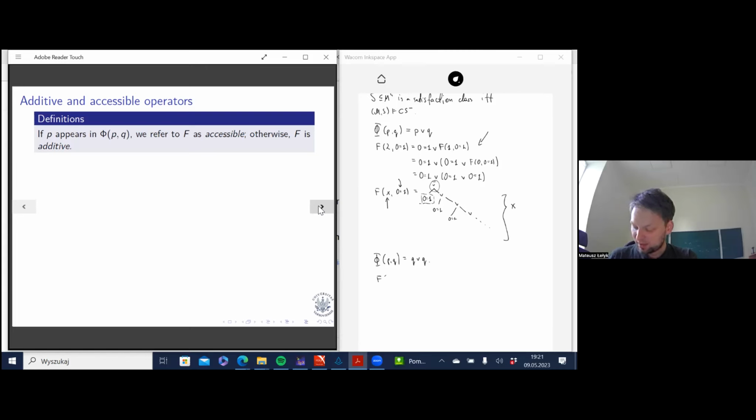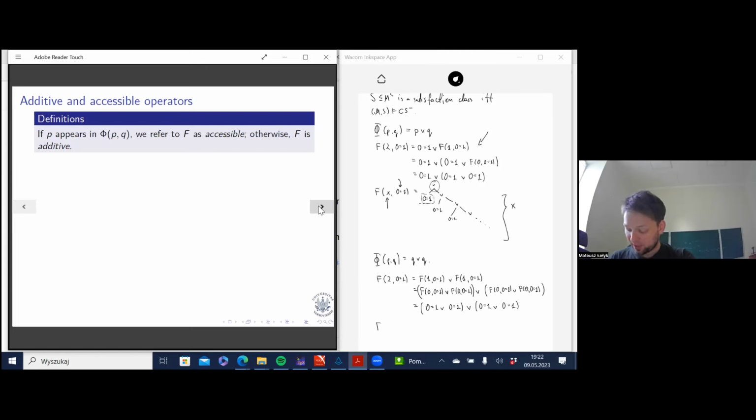In this case, f of 2, 0 equals 1 is f of 1, 0 equals 1, or f of 1, 0 equals 1, which is the same as f of 0, 0 equals 1, or f of 0, 0 equals 1, or the same in the right disjunct, and so on, which is the same as 0 equals 1, or 0 equals 1, or 0 equals 1, or 0 equals 1.